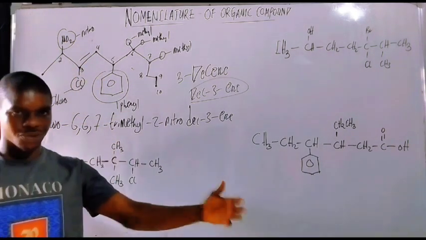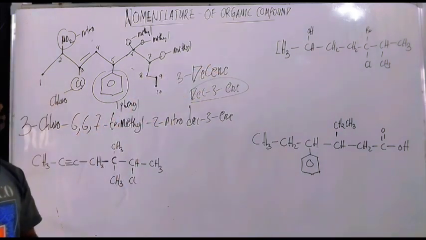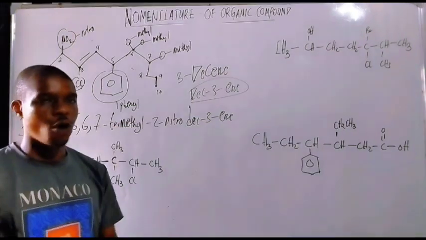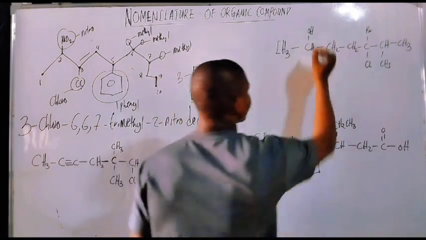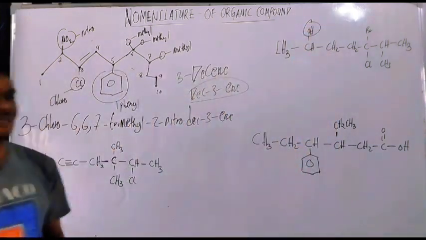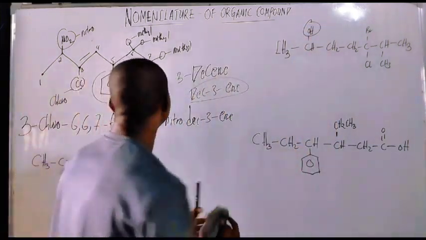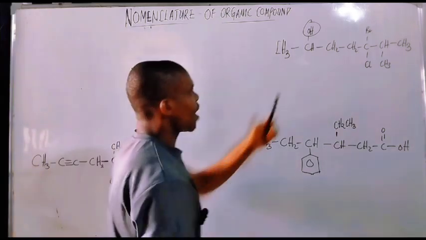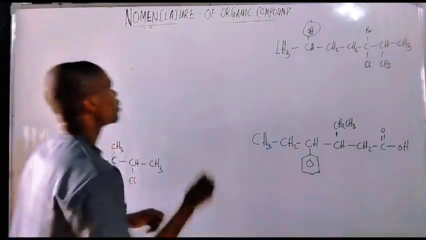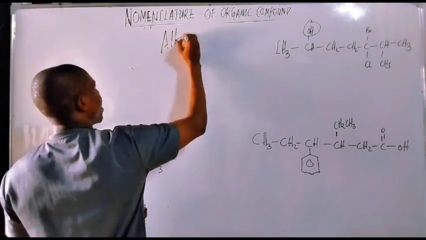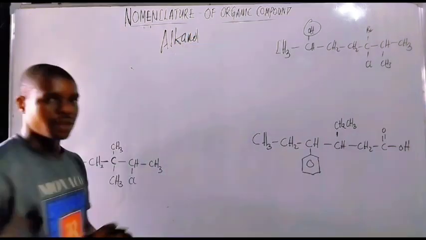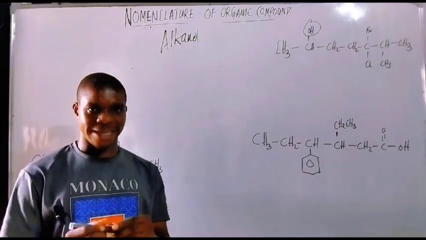So every other thing follows. So let's look at alcohol. When we talk about the nomenclature of alcohol, because there's OH here. Now when I see OH, it means it's an alcohol. So here we have alcohol, OH. We get alkanol. Alcohol is named alkanol. It is derived from the corresponding alkane.